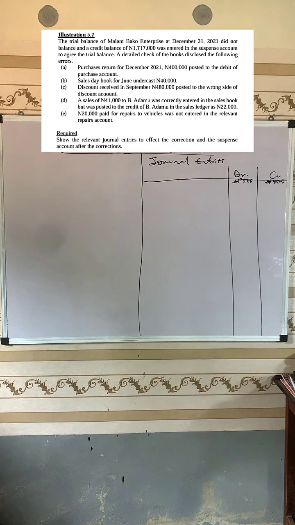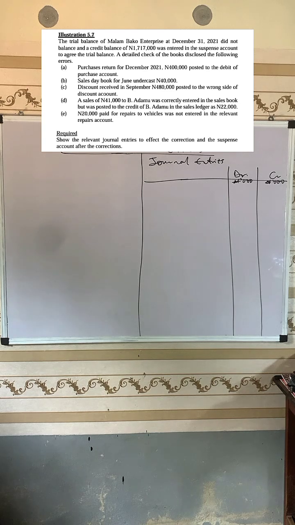So to solve this, the first additional information: purchase return for December 2021, 400,000 naira, posted to the debit of purchases account. To correct this particular error, we have to credit our purchase return account because that is the actual posting.